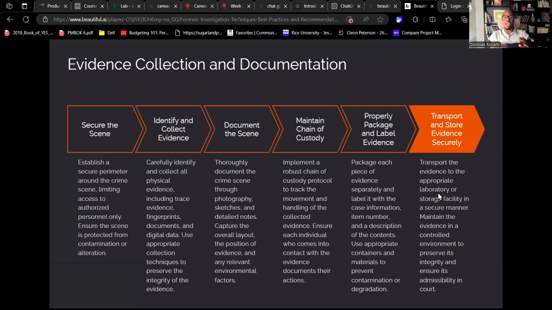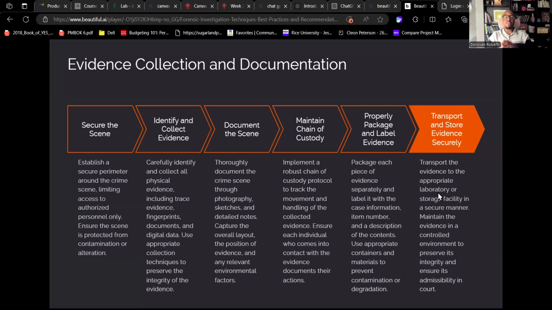Of course, you're going to want to document everything as you go. Maintaining chain of custody is a super important part of digital forensics. Making sure that, from point A to point B, as an investigator, you don't take something to your personal house or leave it in your car overnight, because then there start to be holes in the investigative process. Somebody could have tampered with it.